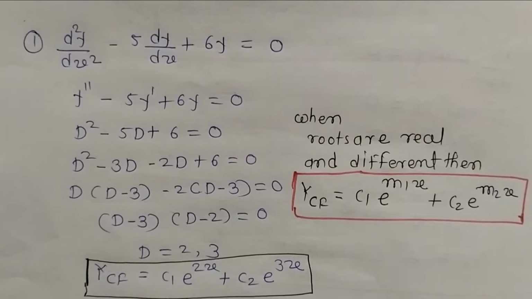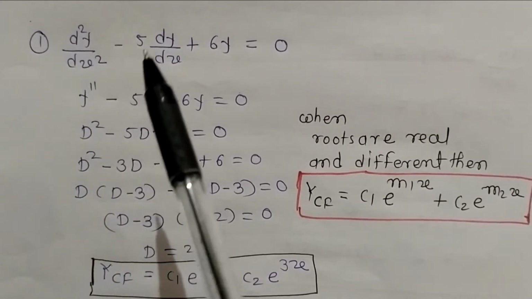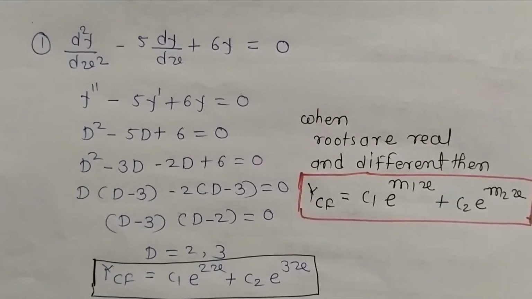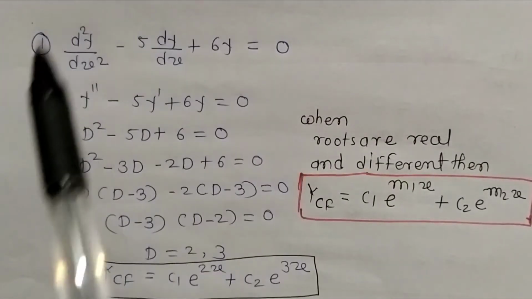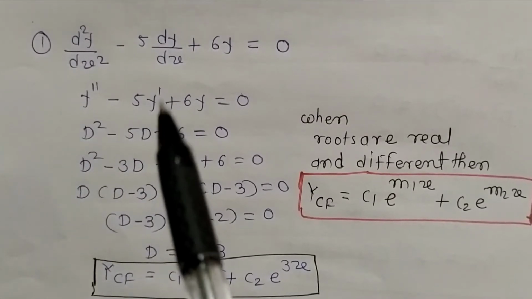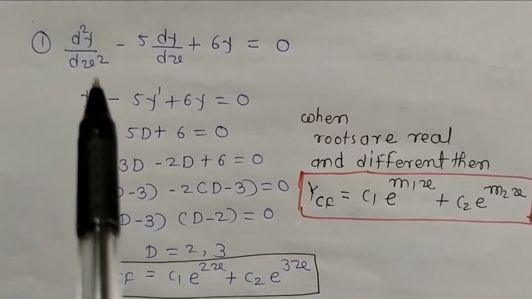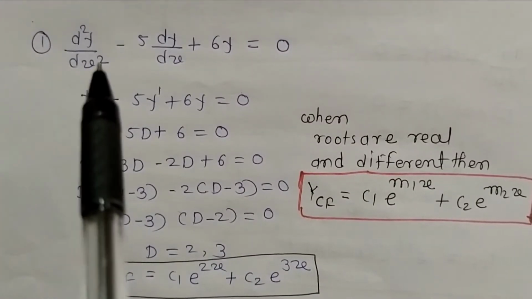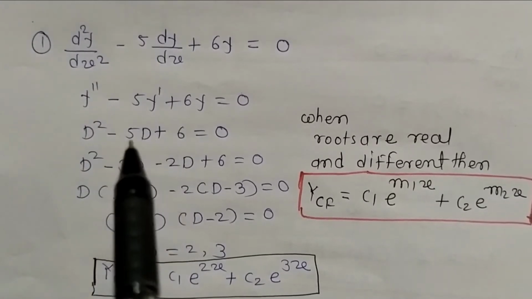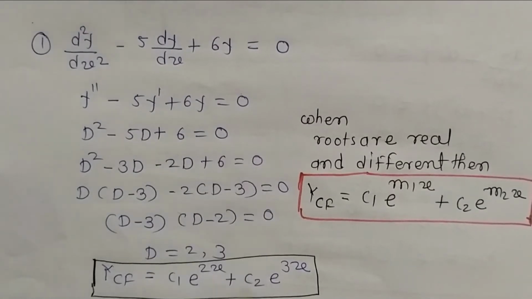Consider the first example, that is d²y/dx² minus 5 dy/dx plus 6y is equal to 0. We can write this equation as y'' minus 5y' plus 6y is equal to 0. So instead of d²y/dx², we can write D² minus 5D plus 6 is equal to 0.